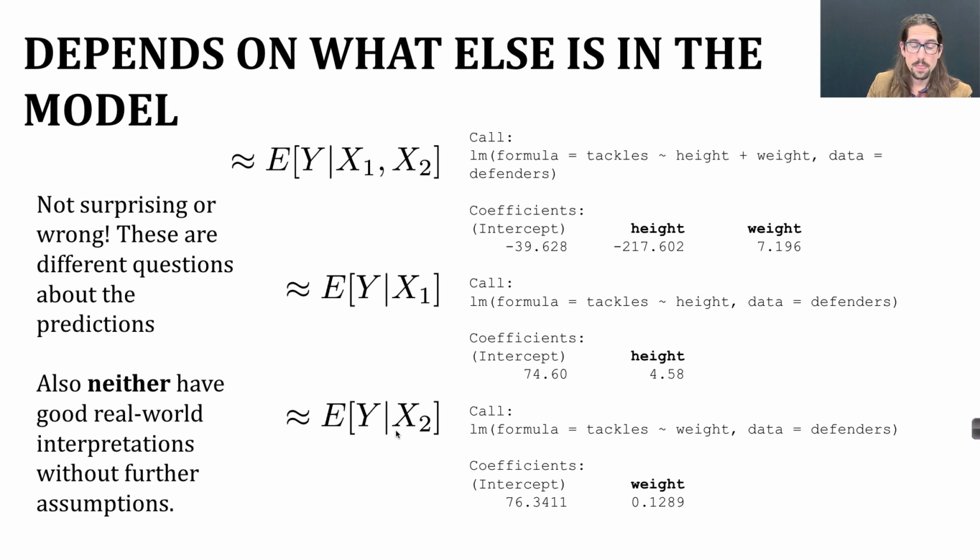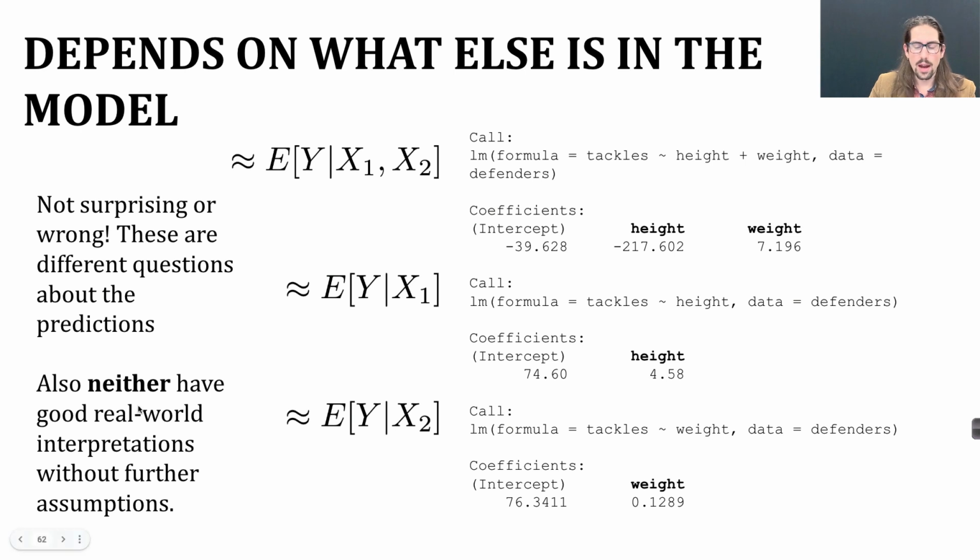Even though it looks like the same coefficient, right? This is the coefficient on height, this is the coefficient on height. But no, those are fundamentally different things. If you add something in the model, those are not interpretable the same way. There's no apples to apples comparison between those. So they're really answering fundamentally different questions because they're describing different prediction functions, okay?